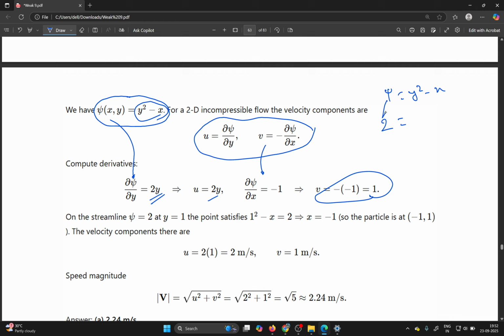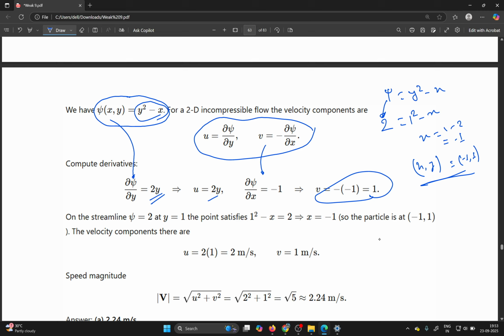So in place of psi you put 2, in place of y you put 1 square, and then minus x. So x equals 1 minus 2, so minus 1. If x is equal to minus 1, then x comma y is minus 1 comma 1, since y is already given as 1. So your particle is at minus 1, 1.